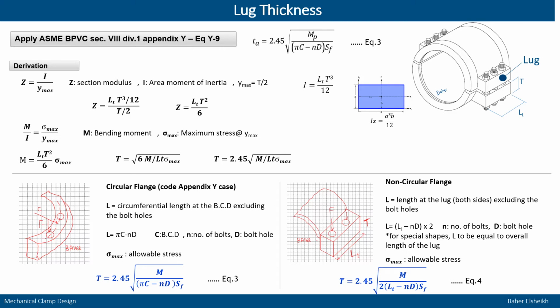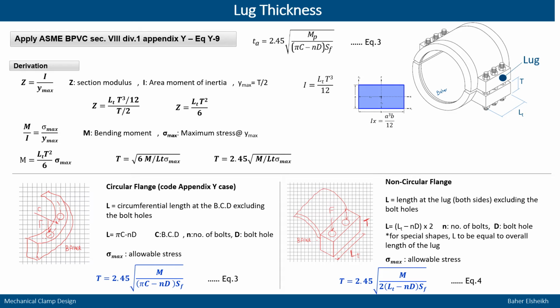So substituting again the L in this equation, and the sigma maximum by the allowable stress, for the non-circular flange the lug thickness will be 2.45 square root of M over 2 multiplied by LT minus ND multiplied by the allowable stress of the lug material at the design temperature from Section 2 Part D.